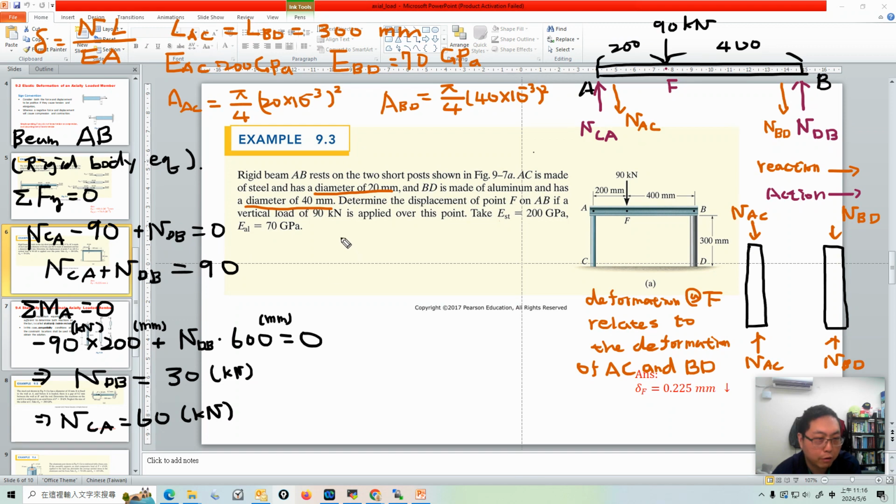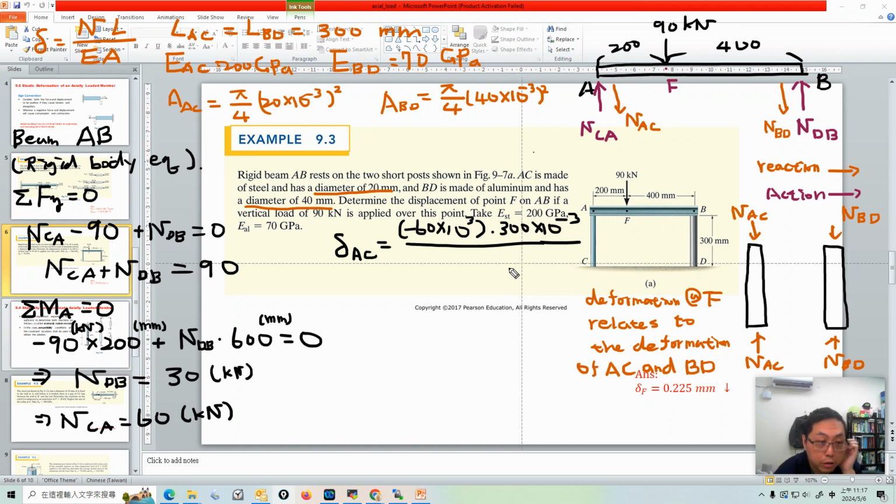So we found delta AC. What we are going to do is put the N_AC in there. N_AC is negative, so it's minus 60 times 10 to the power 3. And for L_AC, we just use 300 millimeter.